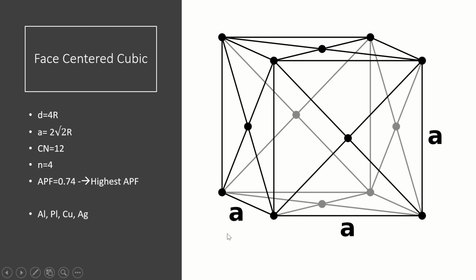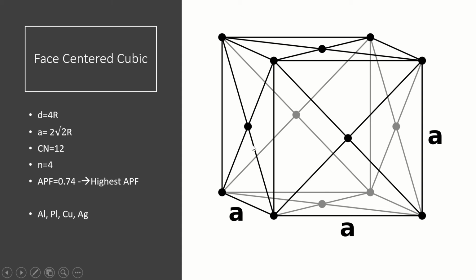Now the next unit cell that we're going to study is the face-centered cubic. The face-centered cubic is a little more complex than the simple cubic. It also has an atom on each of its corners, but it contains 1 atom at the center of each face.